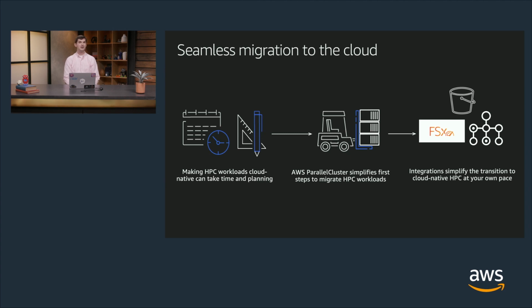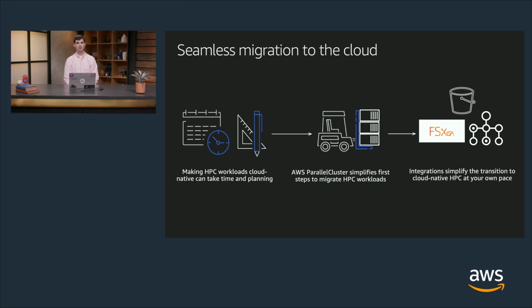Making that transition is part of an overall process, though, and that can take some time and planning. Because ParallelCluster provides an environment and tools that are already familiar to HPC users, it simplifies the first steps in this migration process, making it far easier to lift and shift your workloads to the cloud with only minimal adjustments.